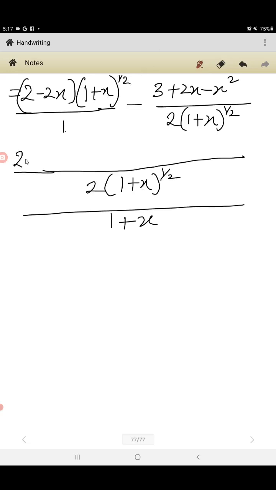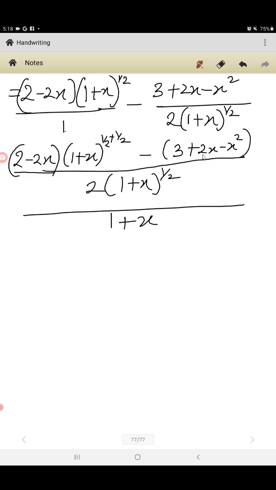We have 2 minus 2x onto 1 plus x onto half plus half. Now minus 3 plus 2x minus s squared. Now you start simplification back again, so let's now simplify.